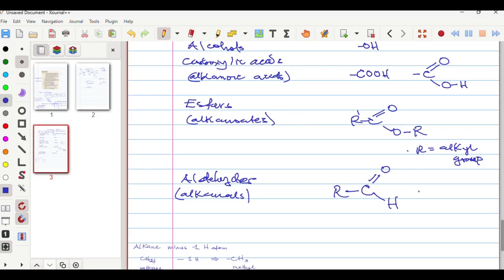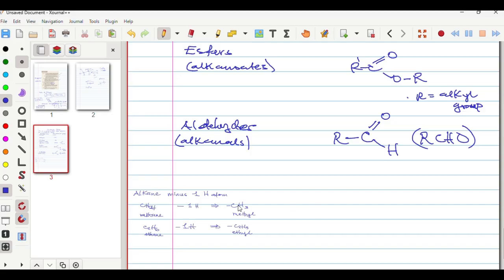So something like this. They normally do it this way. They call it RCHO, which represents the aldehyde. RCHO. R is an alkyl group. R can be CH3, which is methyl. R can be C2H5, which is ethyl. It can be C3H7.